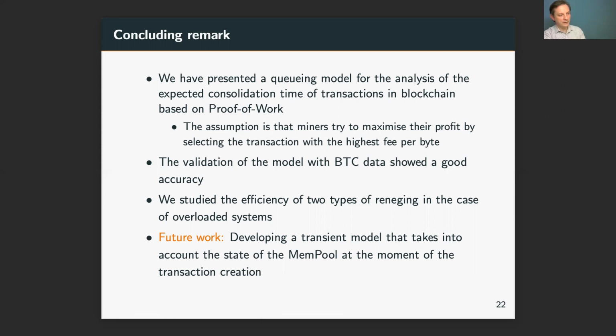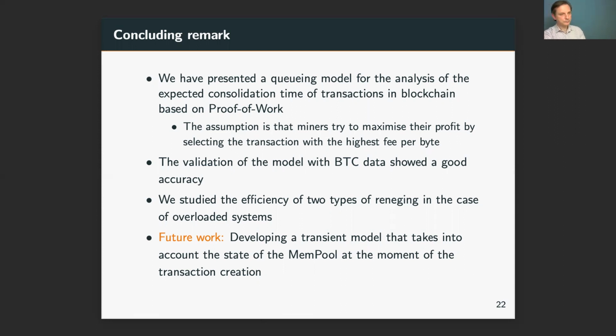And finally, we studied 2 different types of reneging mechanism in the case of an overloaded system, one based on timeouts and one based on a finite capacity mempool. As future work, we would like to develop a transient model that also takes into account the state of the mempool at the moment of the transaction creation.